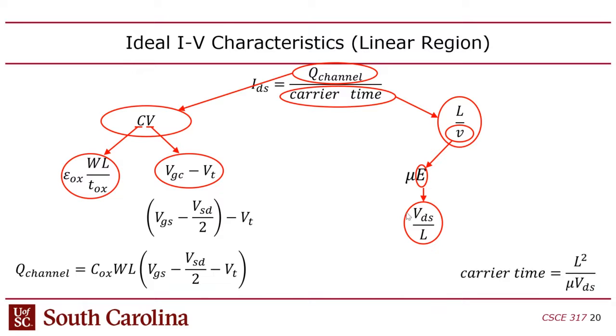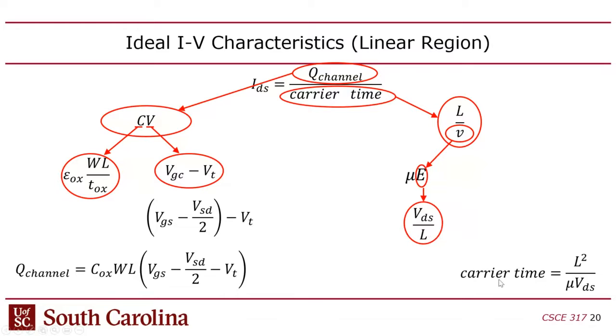Okay, so the time would be the length divided by the velocity. The velocity is the mobility multiplied by the electric field. The electric field is just the voltage divided by the length. So that's a much simpler equation for electric field strength than I expected. You know, voltage divided by size, or length in this case.